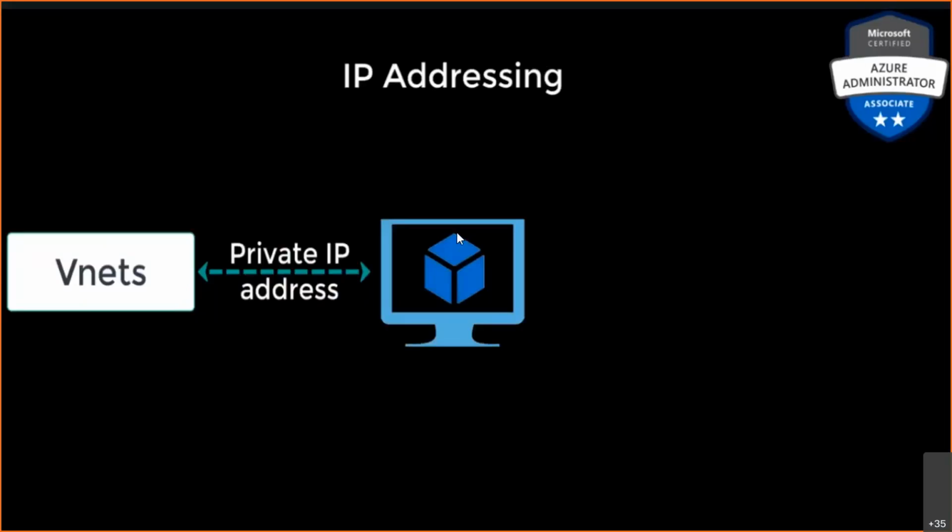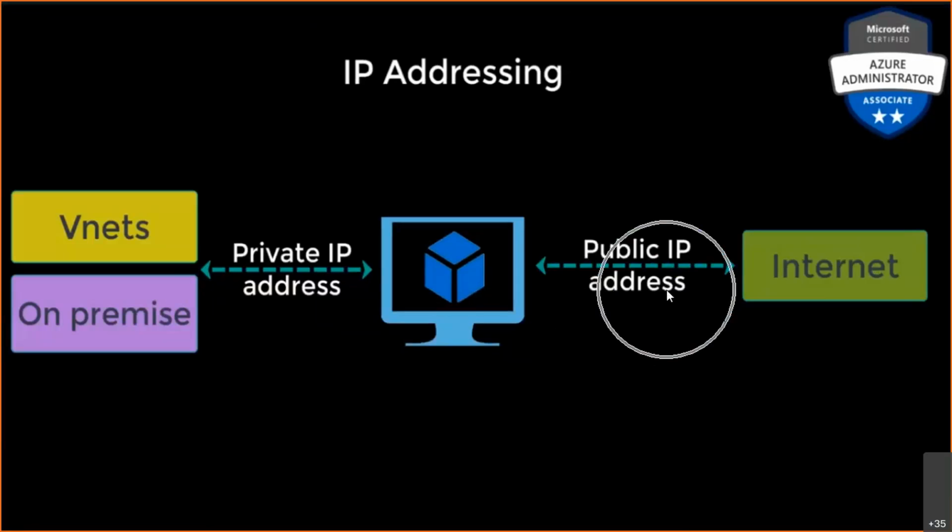I want a private IP here. I need, at the same time, a public IP also, guys. Okay. So we need a private IP to connect a machine to the on-premises. If you want to connect this machine to the internet, that time we require what here? Public IP, guys.